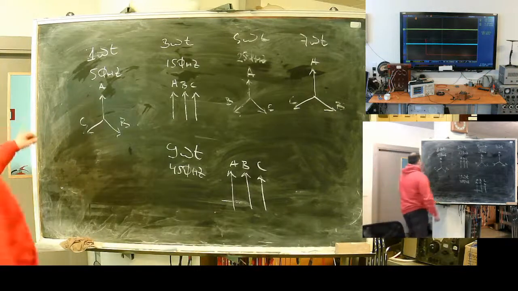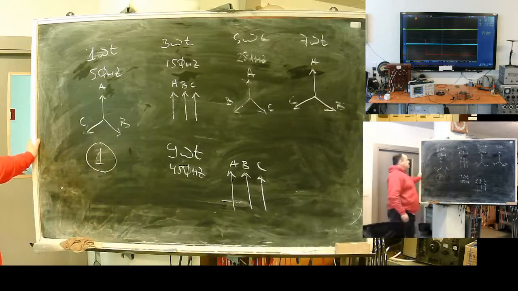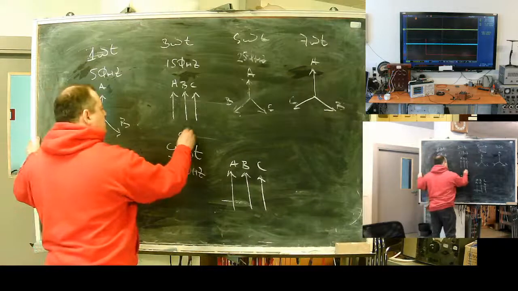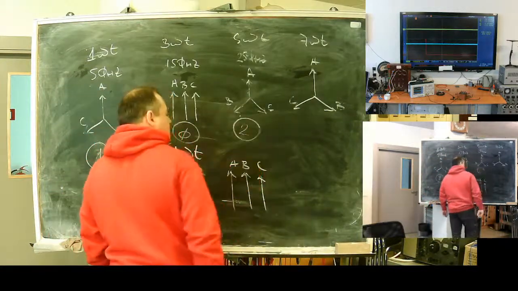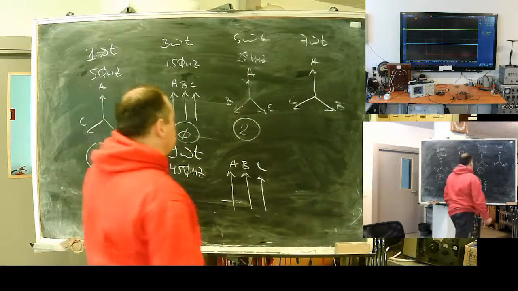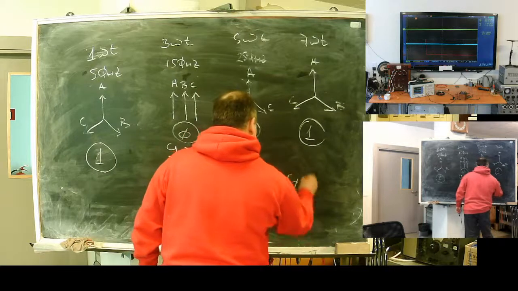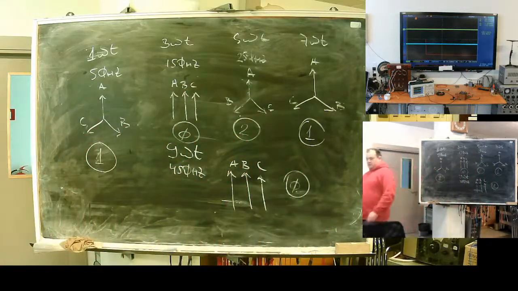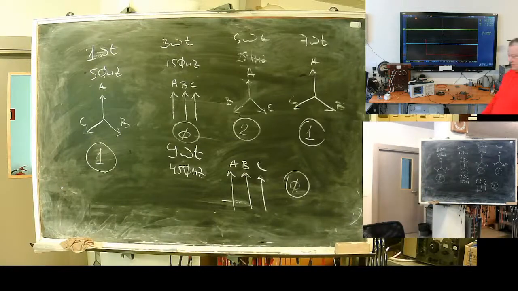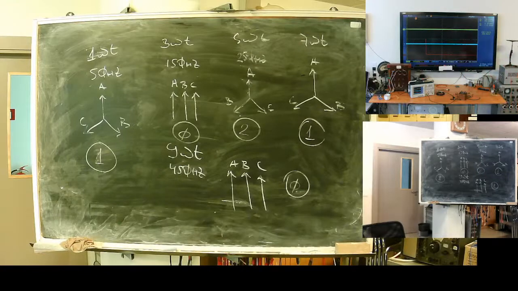So here we have direct sequence, zero sequence, reverse sequence, again direct sequence, and again zero sequence, in terms of the Fortescue transformation.